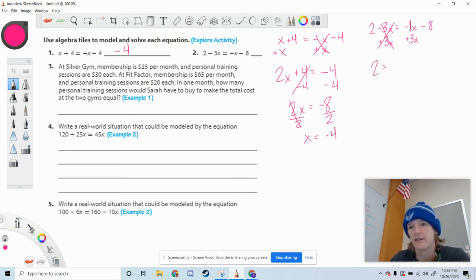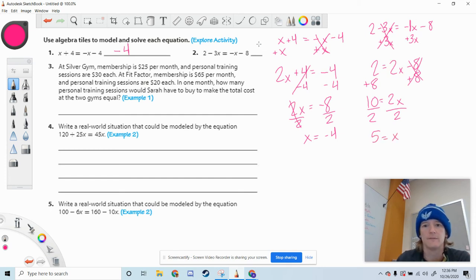There is a 1 right here. So 3x minus another x is 2x. And this minus 8 just comes straight down. Now, before I divide, I've got to get rid of this 8. So I add 8, cancel those off. I have 10 equals 2x. Divide by 2, 5 equals x.